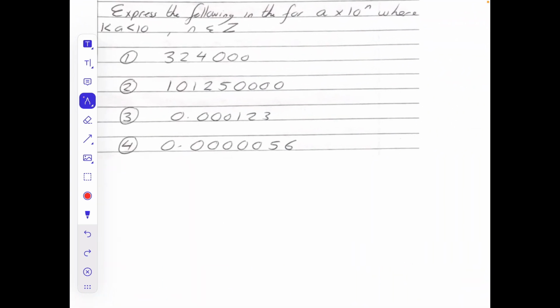Okay, now how this question comes up in an exam, it could be, for example, in an area and volume question. If you get out a number that was really big or really small, they may say express your answer in the form a by 10 to the power of n. If you see this anywhere, that just means scientific notation. It could come up in a financial maths question.